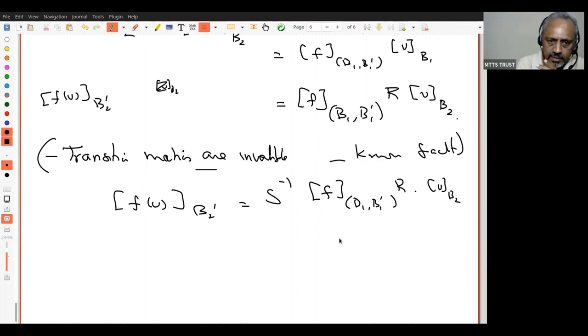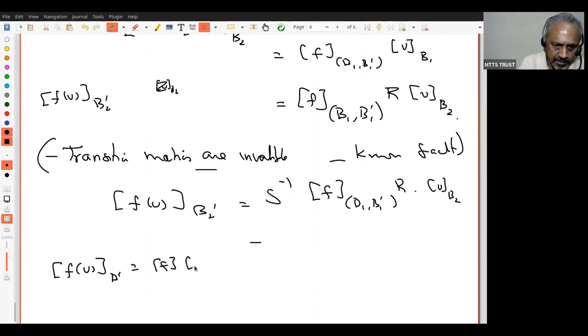Now remember we have shown that [f(v)] with respect to b dash is the matrix of f with respect to b, b dash times [v] with respect to b, and that this matrix is the unique matrix with this property. If you call this matrix A, it is unique with respect to this property.